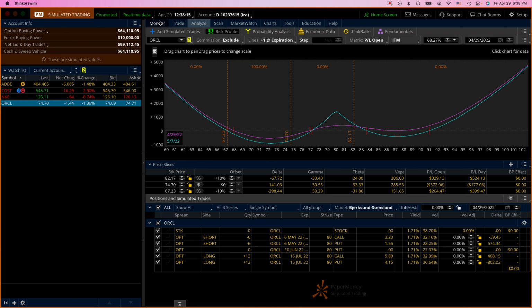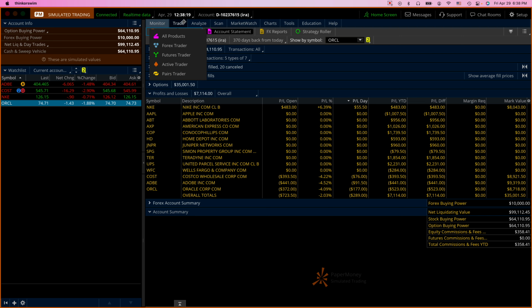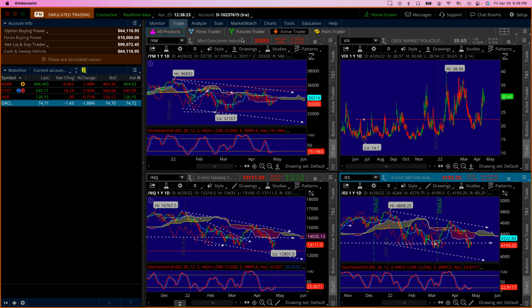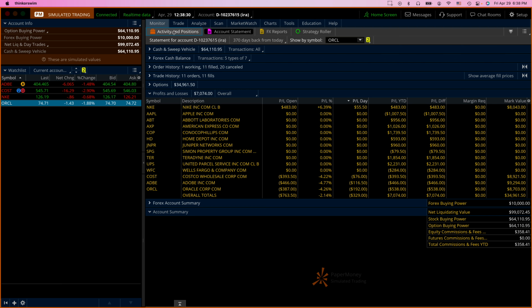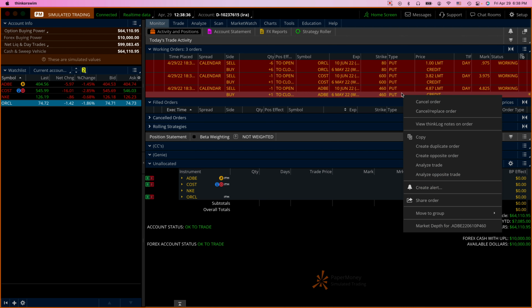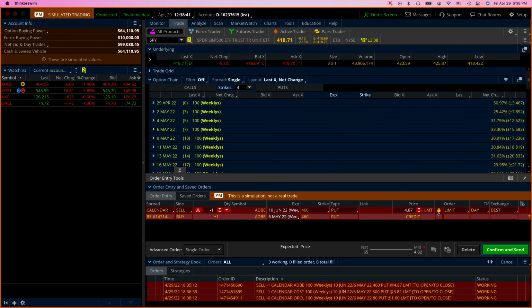And as you can see, nothing is happening. Let's look at the markets. Yeah, they continue down. So I'm going to go to the monitor tab and try to adjust my bid and ask so this gets filled. Cancel replace and simply unlock it.